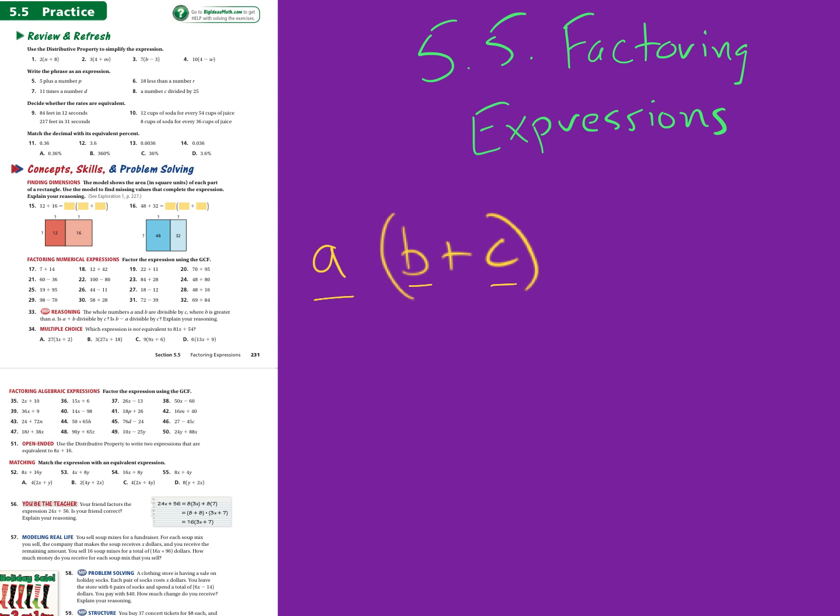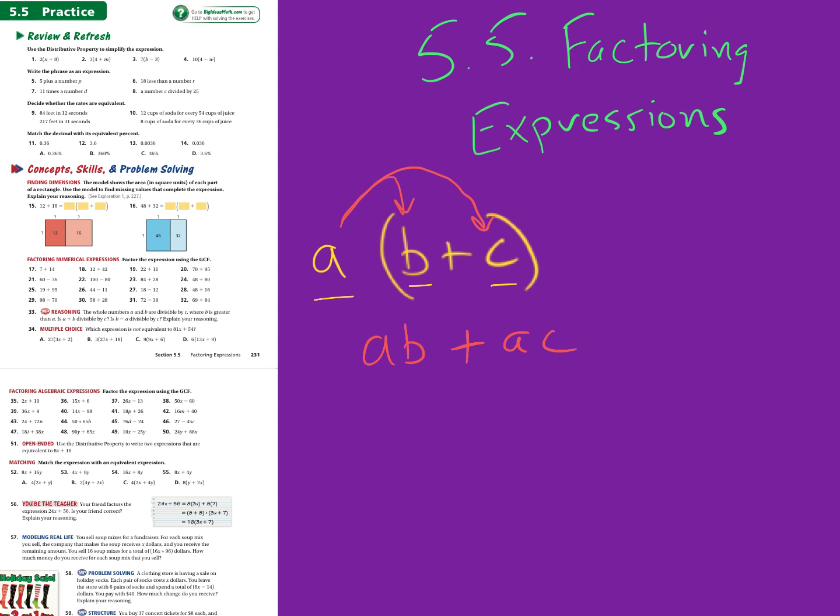So what I would do, if you remember, is just distribute the value into the brackets. And so this would become A times B, or just AB, plus AC, or A times C. Okay, and so that's what we did in lesson 5.5.